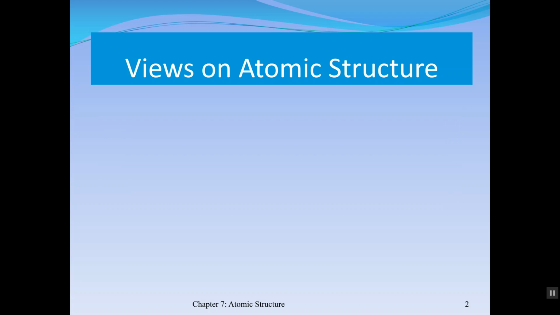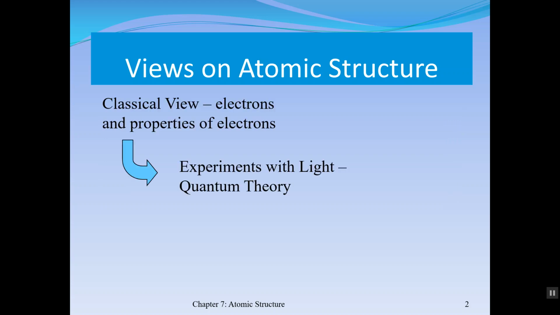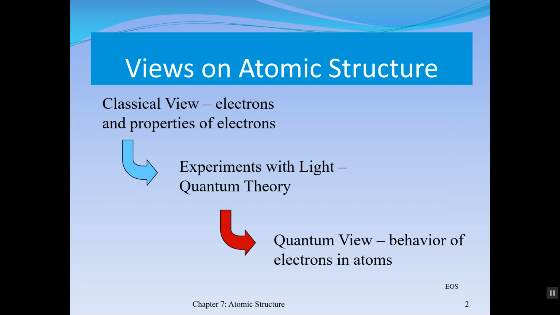So a little bit of history here concerning how we arrive at our current understanding of the atomic structure. Before, it was believed that electrons and other small particles, protons, etc., behave the same way as normal sized objects. In other words, back then it was believed that these particles obey the Newtonian laws.